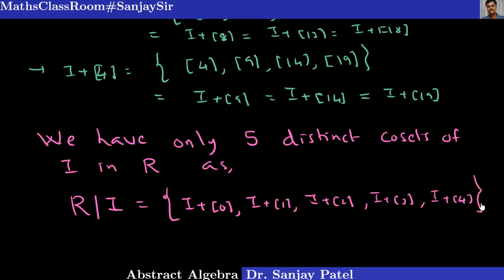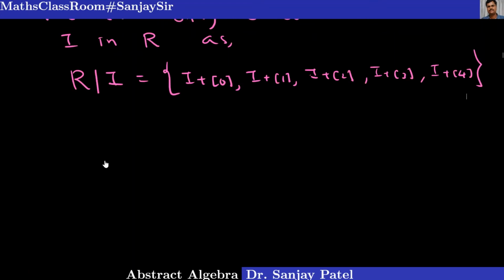So we'll get only these right cosets, and we can prove that this is a ring. In fact, we have proved it in a general form, but still we want to verify whether it is a ring or not. And what are the operations here? The operations are the addition and multiplication of the cosets.